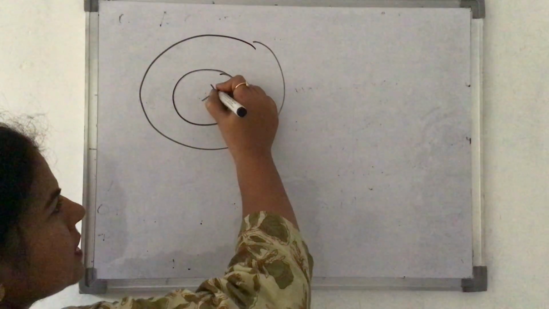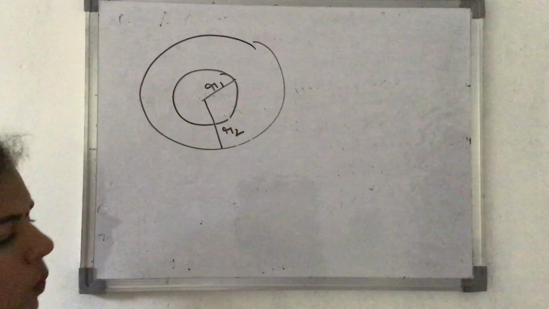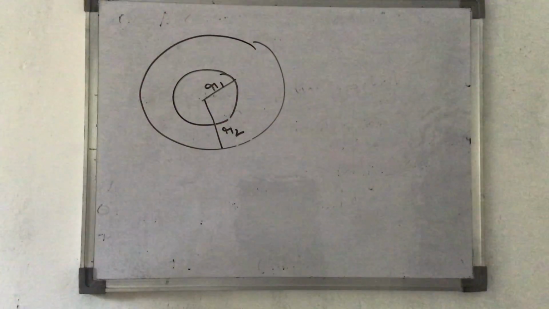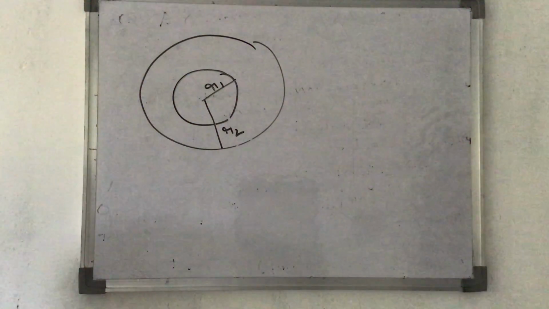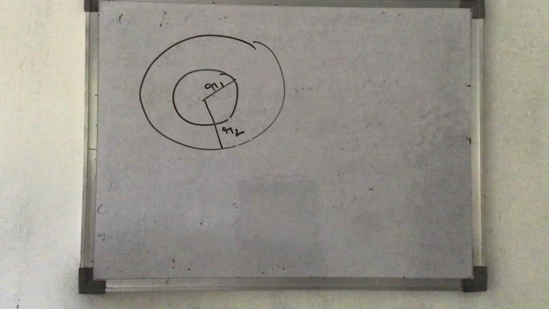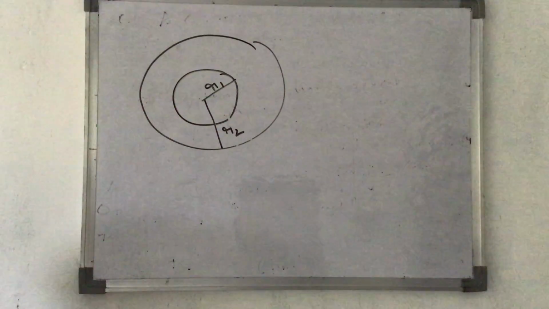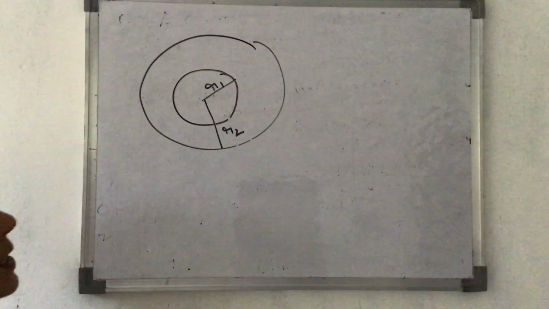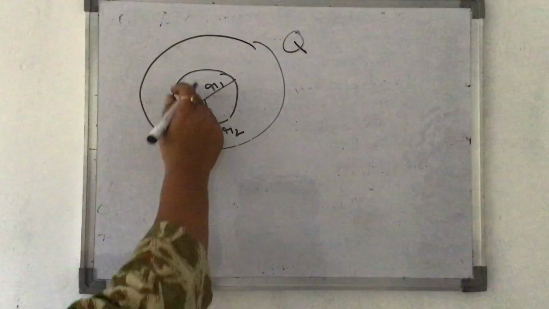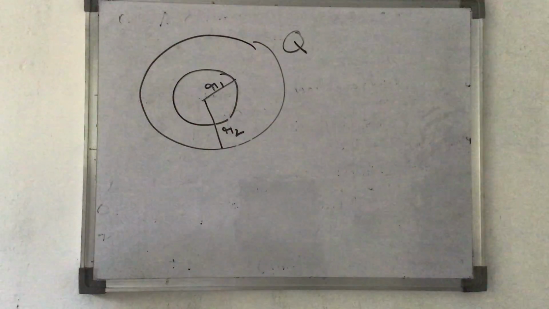The inner radius is r1, and the outer radius is r2. This is a very thick shell. The charge on it is, let's say, capital Q. Wherever you give the charge, the charge will reside on the surface. So charge on it is capital Q.